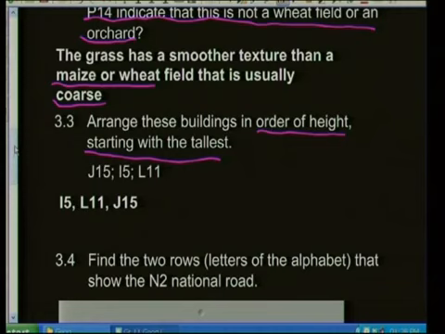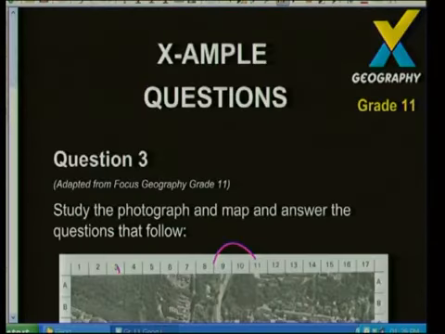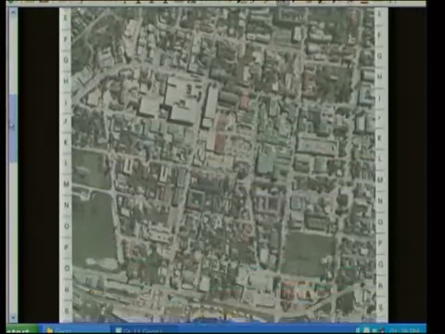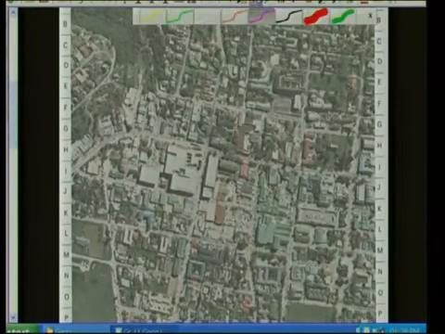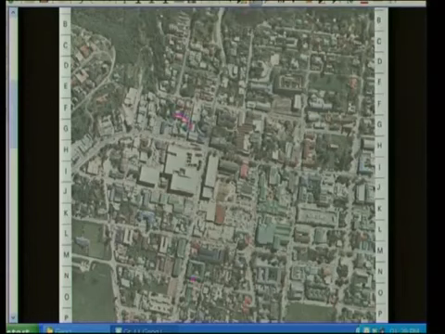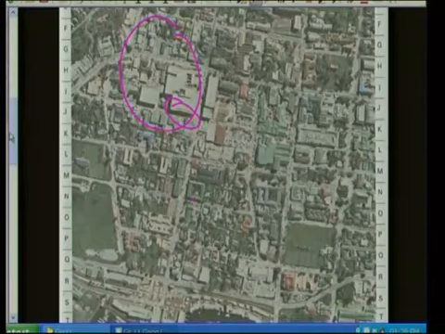Now let's look at why I5 and why L11 next. If I look at it here, at I5, I can see the great amount of shadows down here, which tells me the building is quite tall. Can you see the shadows in this area? Let's look at the next one, L11.